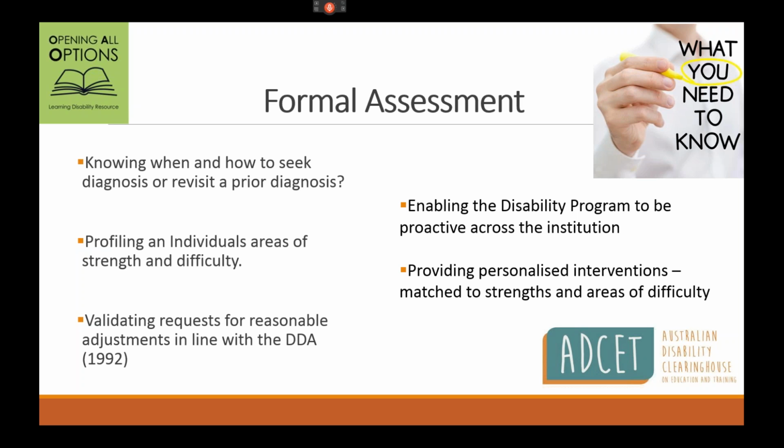Jo, did you want to add a little bit before we go into the formal assessment here? The profiling, for example? Yeah. Look, certainly for students to really understand, like typically learning disability, people have average to above average intelligence, and certainly developing a specific learning disability profile occurs through a formal assessment.